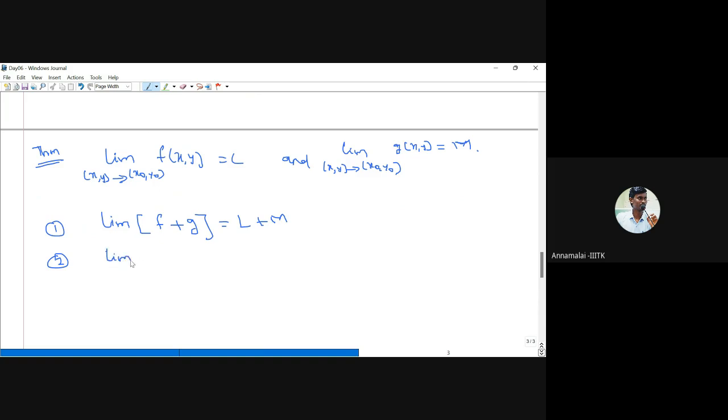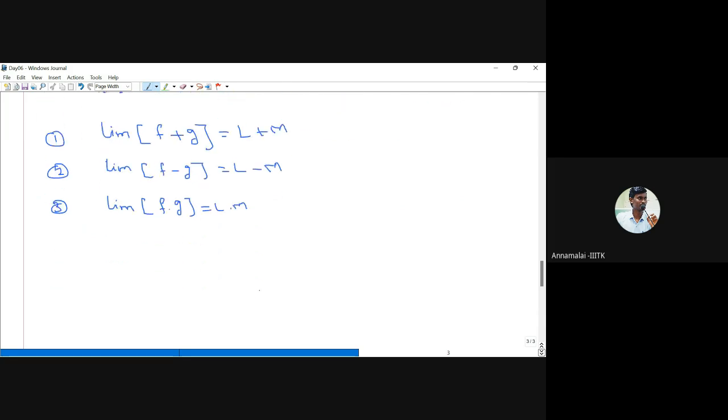So similarly, if you take the subtraction of these two functions, the limit is L minus m. And take the product of these functions, the limit is also the product of the limits. f into g is nothing but L into m. So if you take the quotient, provided m is non-zero, then the limit of f by g is L by m, provided m is a non-zero number.